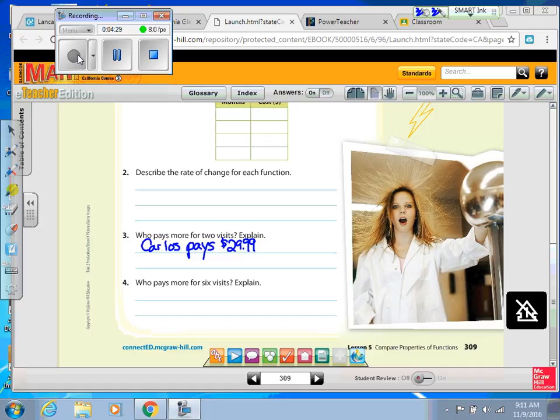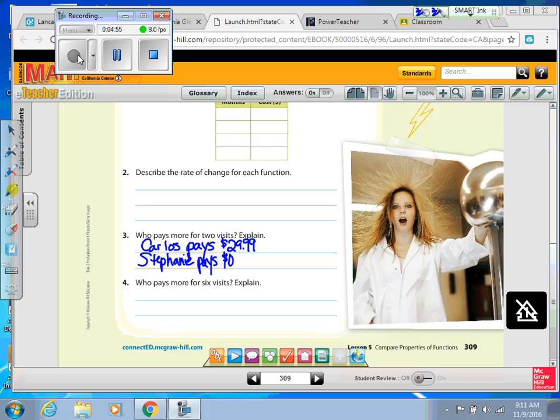So he paid $29.99 no matter how many trips he takes. Stephanie, for 2 visits, is going to pay $10. So Carlos is going to pay more. Stephanie pays $10 for 2 visits according to the chart we made.